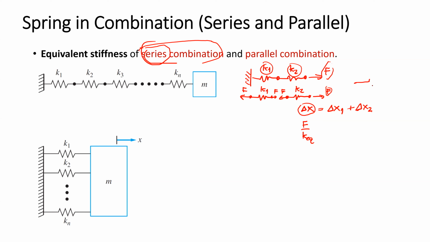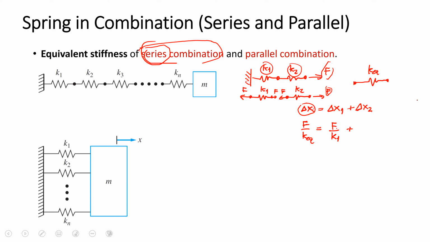If we want to combine K1 and K2 to be only a K equivalent, the force divided by K equivalent will equal the total displacement, and the displacement in the spring K1 is the force in the spring K1 divided by K1.